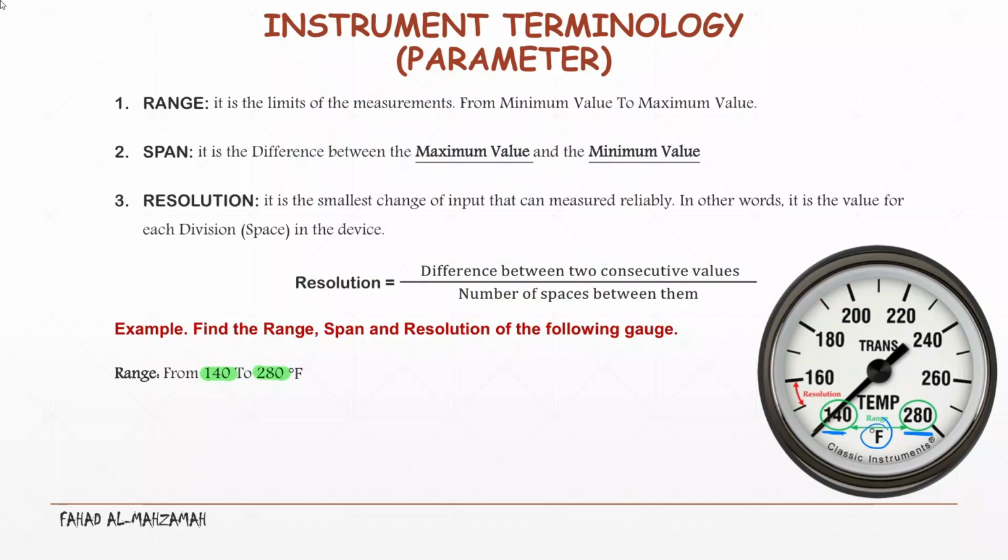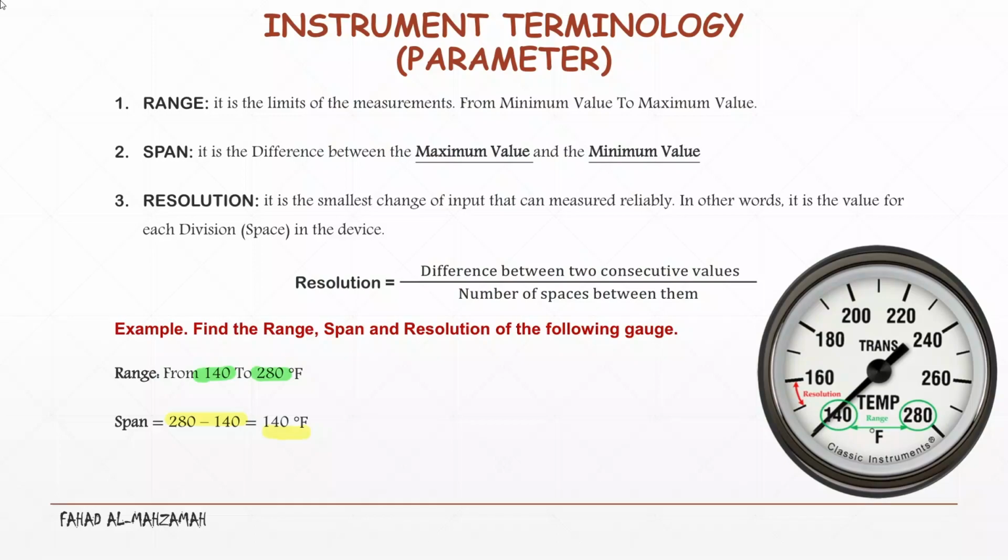You need to mention the two values in the range. What about the span? We said you take the difference between these values, 140 and 280. The difference between them is the span, which is 140 degrees Fahrenheit. The unit is very important. If you miss the unit, it means you miss the whole answer. This is according to my style.